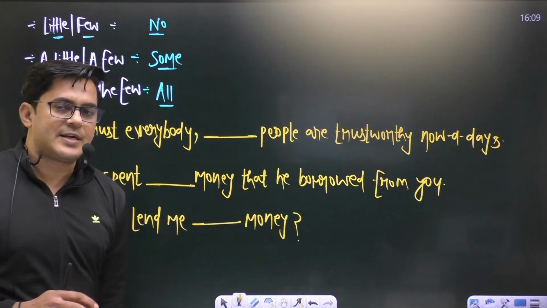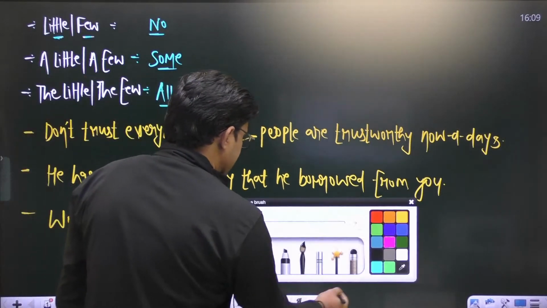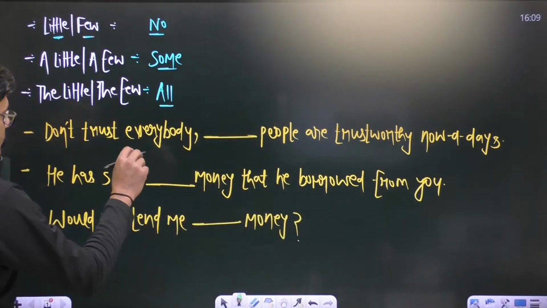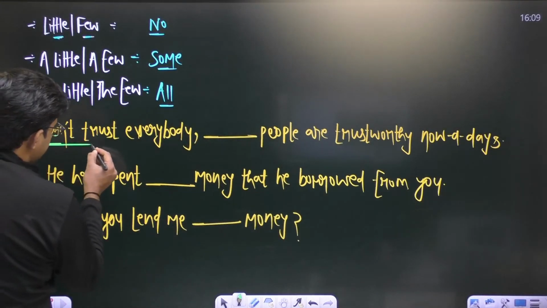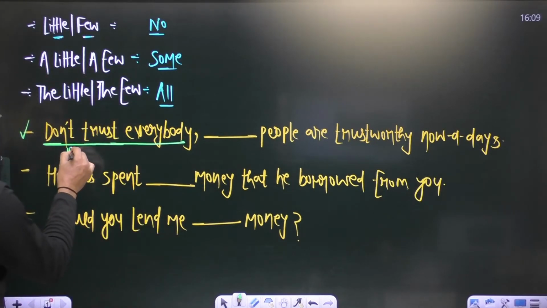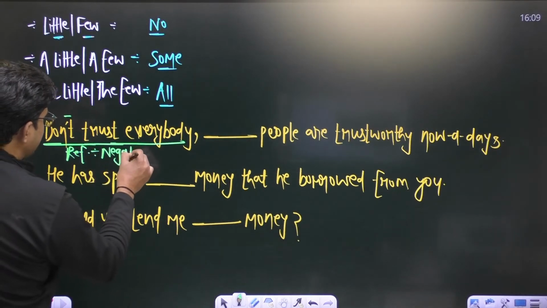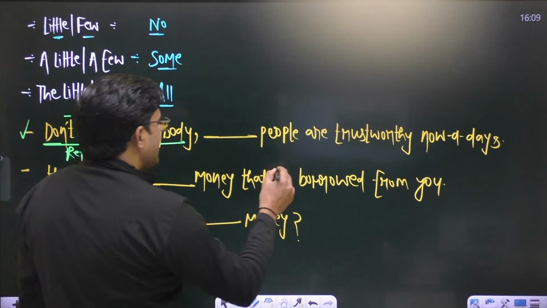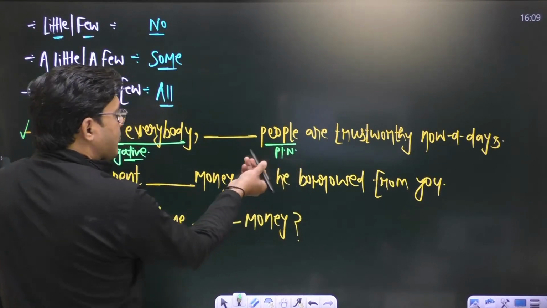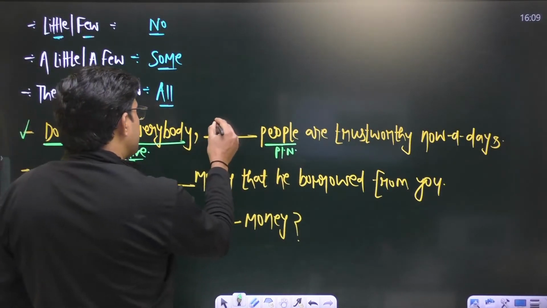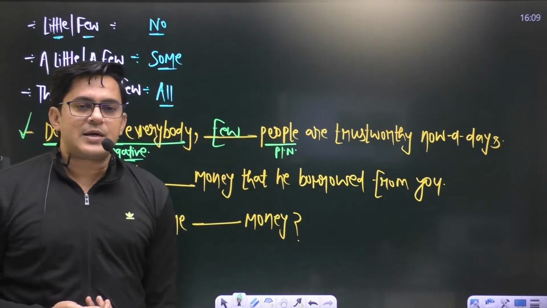Okay guys, let us discuss. In the first sentence, don't trust everybody, blank people are trustworthy nowadays. The reference is "don't trust everybody", and this word don't shows a negative sense. People is a plural countable noun, and before a plural countable noun in a negative sense we use few. The sentence will be: don't trust everybody, few people are trustworthy nowadays.